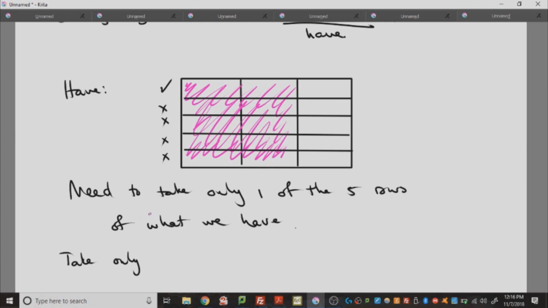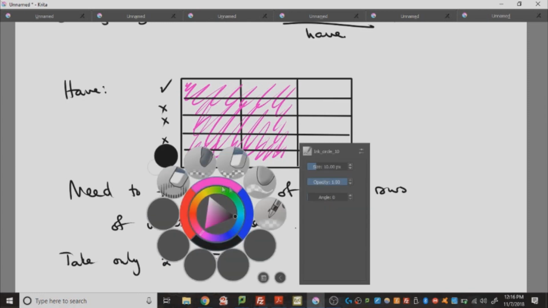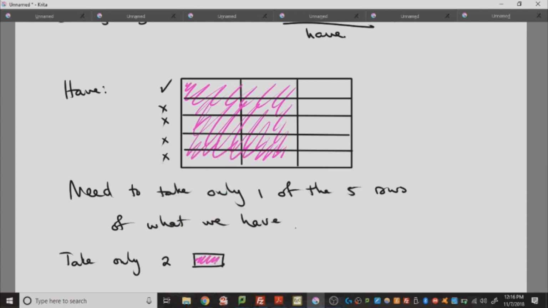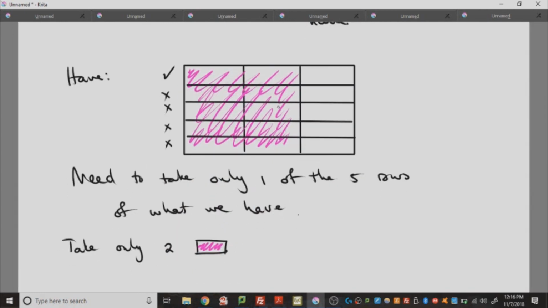That only includes the 2 pink. So I only take 2 pink because that's all I have. Sorry, the pink was all I had. I never had these on the right. I only had the pink. And of the pink, of what we have, I'm taking 1/5.